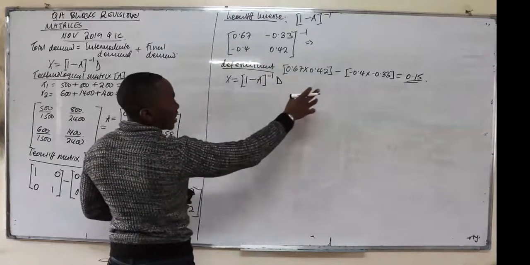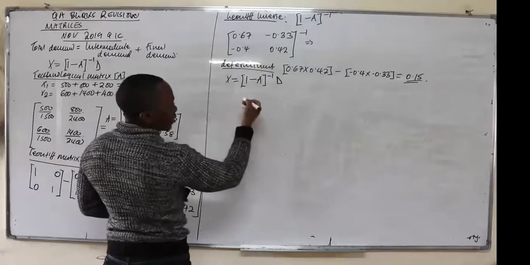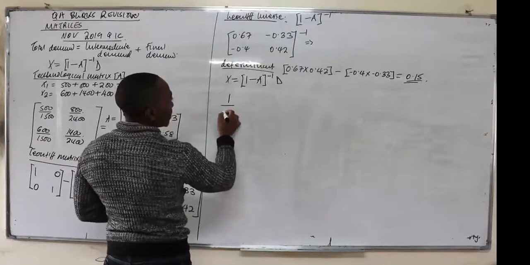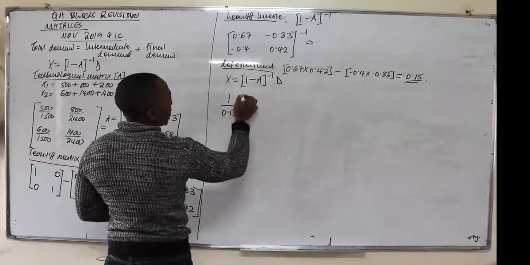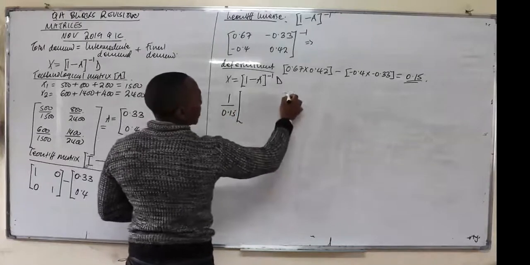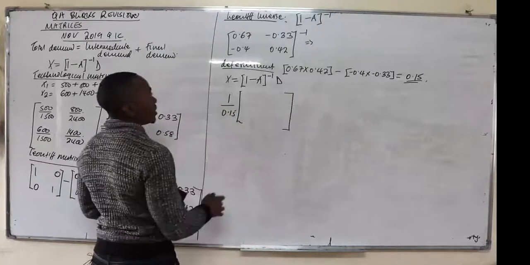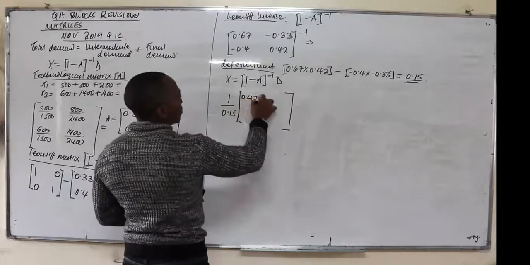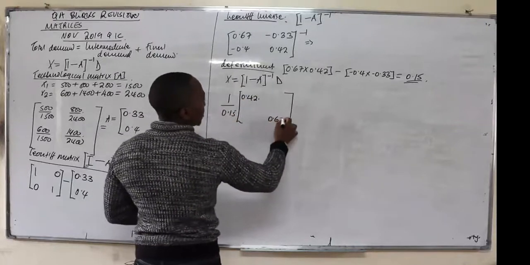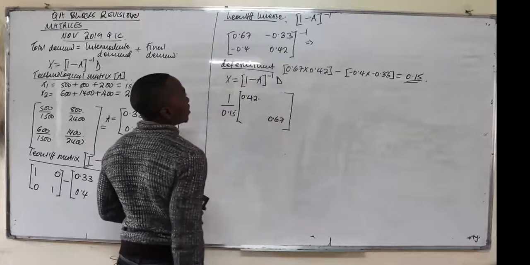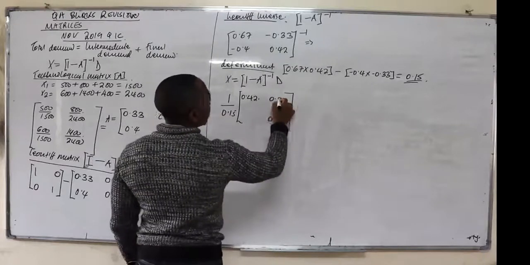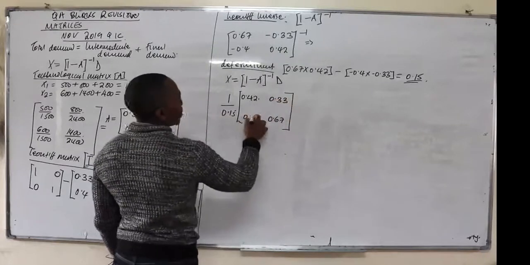We already have the determinant, so the second step, we will reciprocate the determinant, 1 divided by 0.15. Then for the major diagonal, you interchange 0.42, 0.67. For the minor diagonal, we change the sign, so it will be 0.33, 0.4.